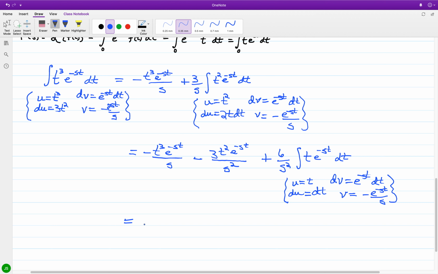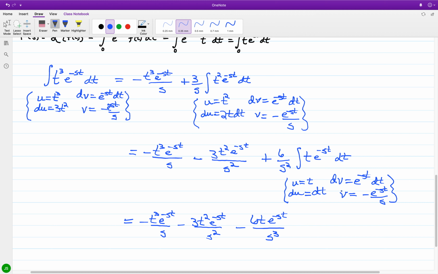So taking these same terms once again and distributing, I'm going to have 6 over s squared times u times v, so we're going to have minus 6t times e to the negative st all over s to the third.